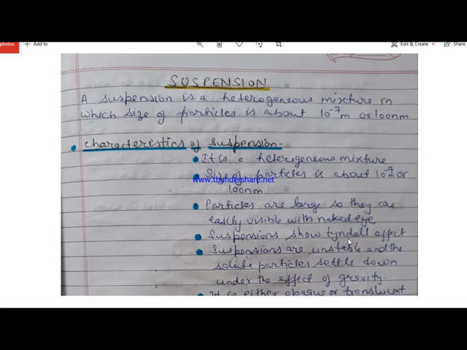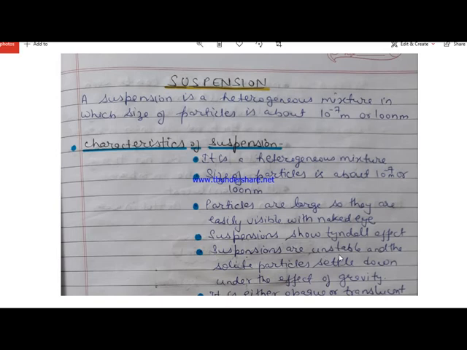I have already told you that the Tyndall effect is the process of scattering of light by the particles of a particular solution. In suspensions the particle size is big, so they easily scatter the light, and the path of light is easily visible through the suspension. So they show the Tyndall effect.